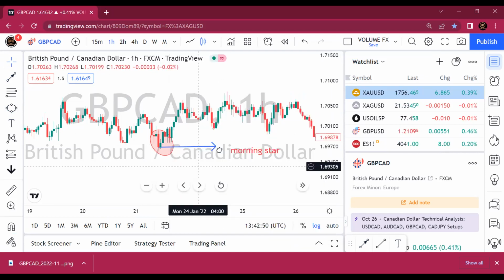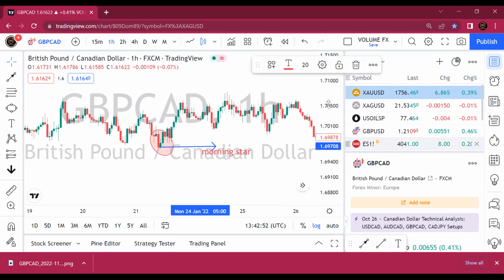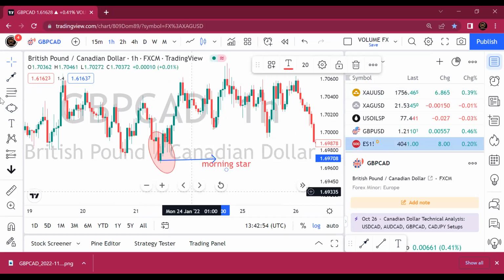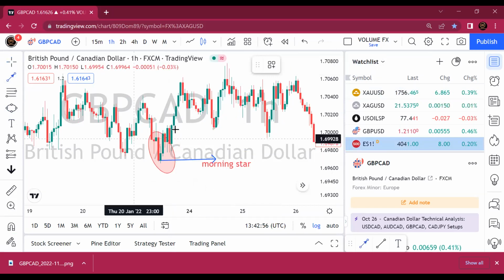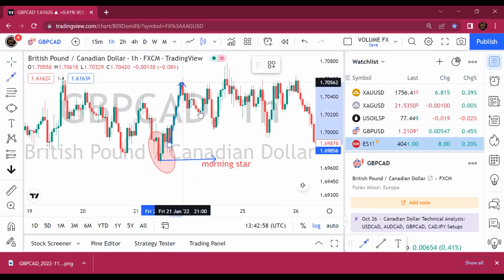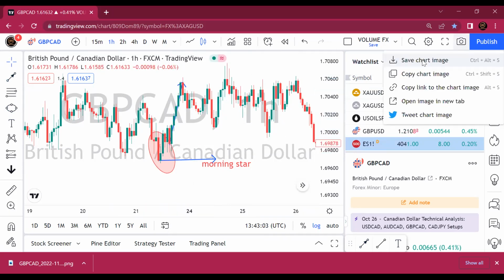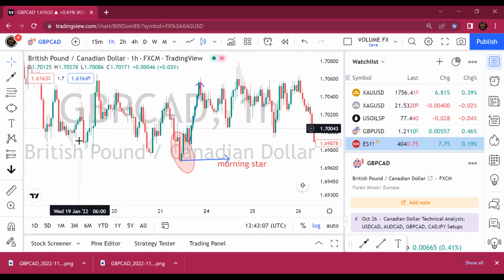Because the main definitions, okay, although this one was in a ranging market, it still went up. You still look for this move here. See, that move there, it went up. But although it was in a ranging market, okay? This one was a morning star, but you see, this one, we are operating within a range.